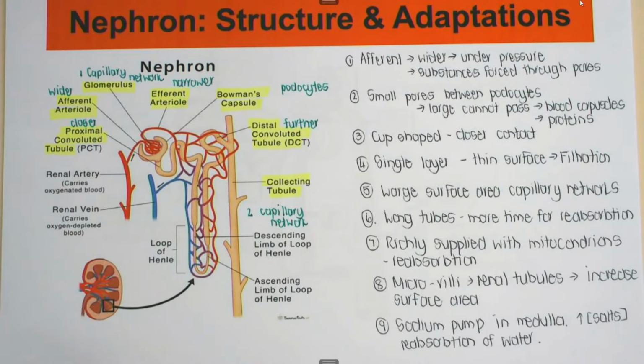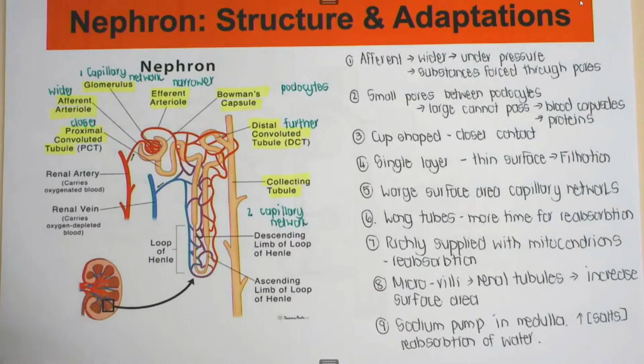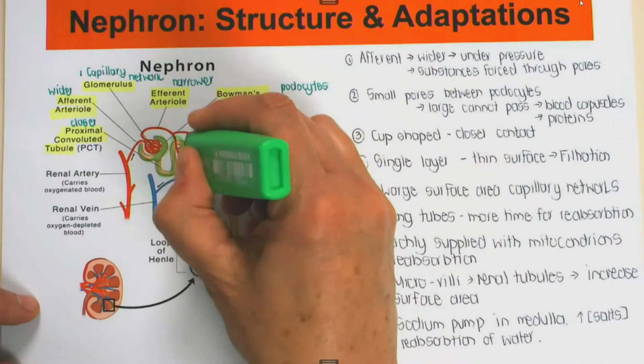So let's just have a look at the different parts first. So here you can see the renal artery and the renal vein coming in. There we have a structure looking like this. Okay, that structure I want to use, let me use the green. We have that there.